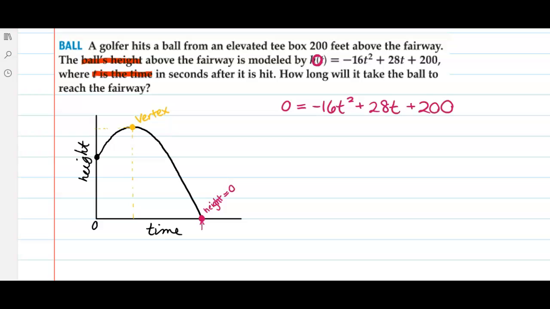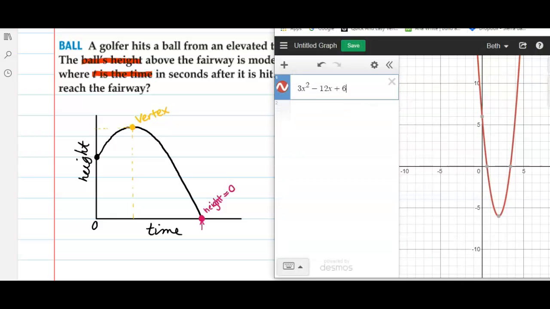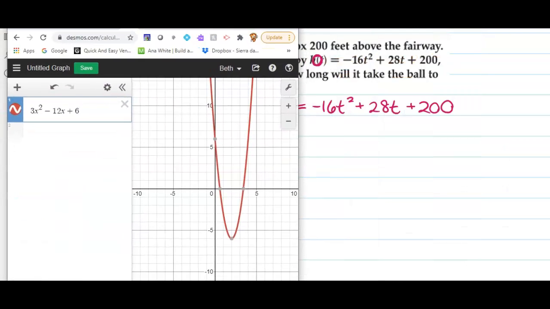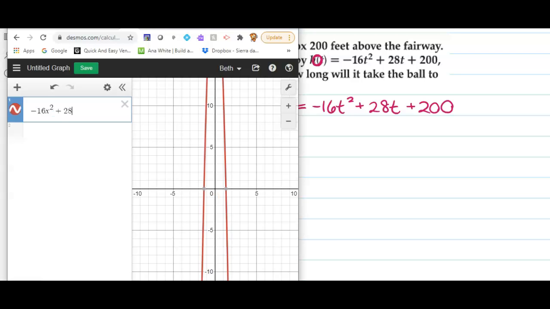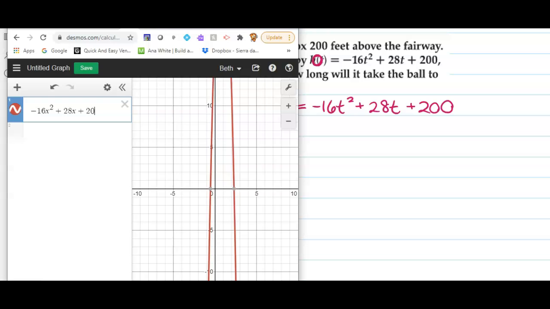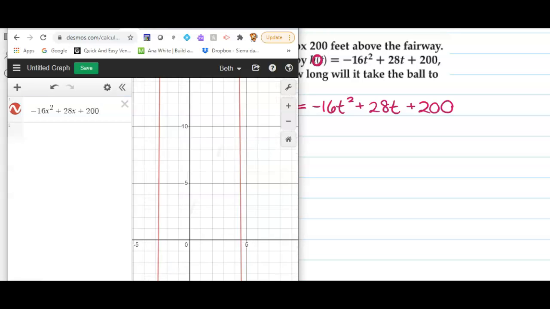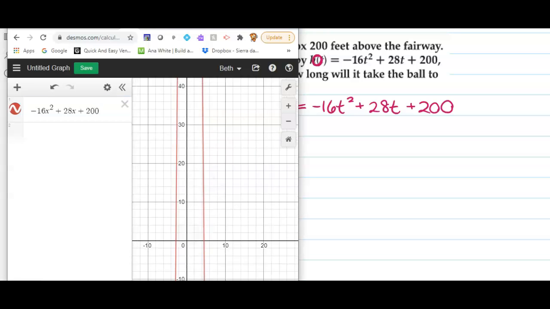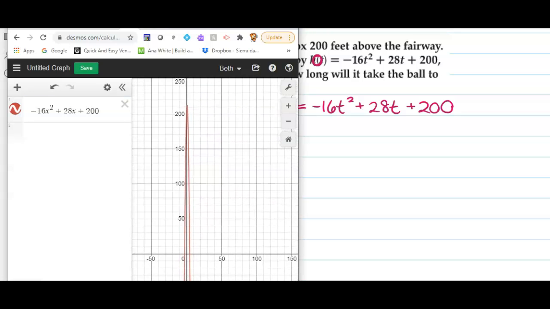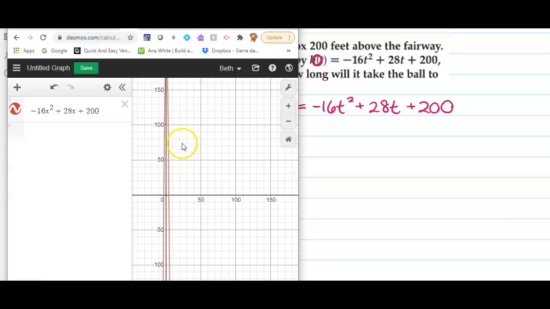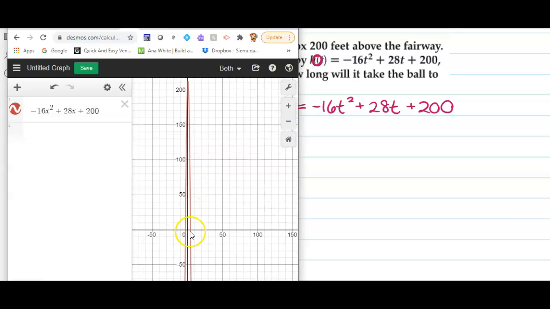So if we graph this equation using Desmos, negative 16x squared plus 28x plus 200, you can see that the graph looks a little different than my sketch, but it starts at 200 and it goes up, and then it comes back down and eventually crosses right here.